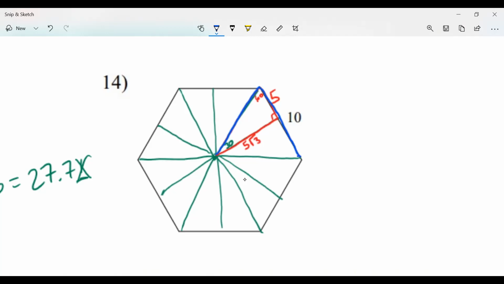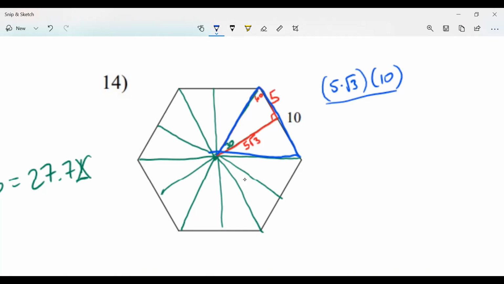So I'm going to use the apothem for this big triangle. What I'm going to do for that triangle, I'm going to go 5 times radical 3 times 10. So I have to multiply my two sides divided by 2. That's the area of that triangle.